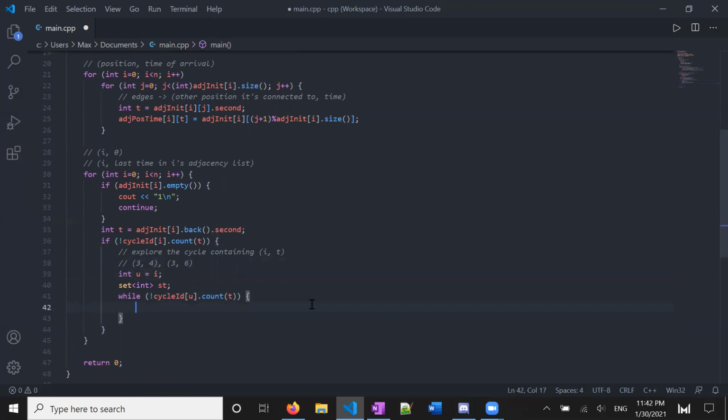So we're just going to walk. In this case, I'm essentially using cycle ID also as a visited array. If a cycle ID has already been set for this node, that's equivalent to saying it's visited, like using a visited array in a DFS. Go ahead and insert this node, and then move to the next one.